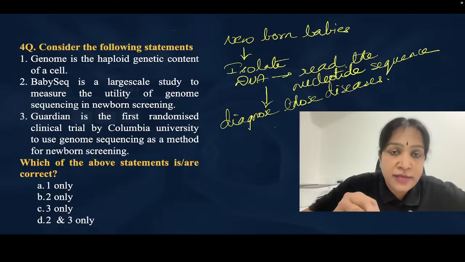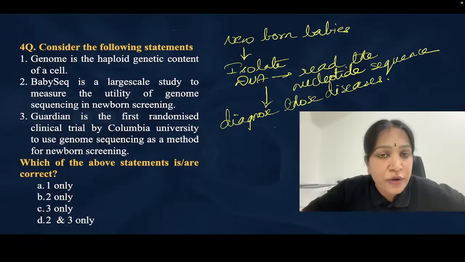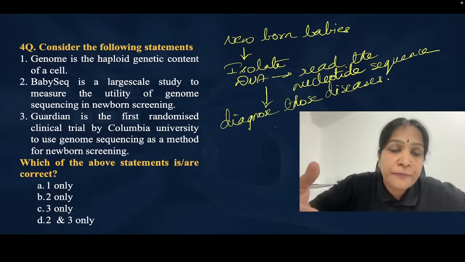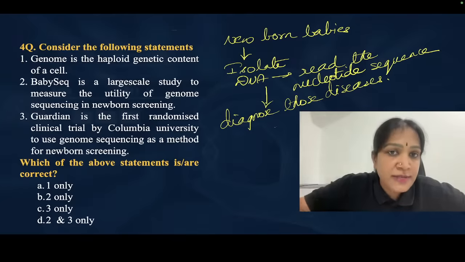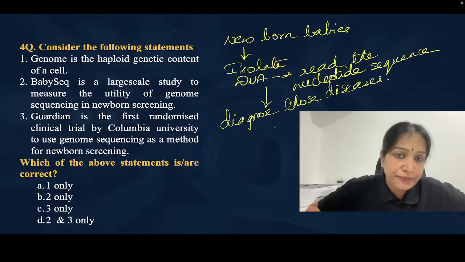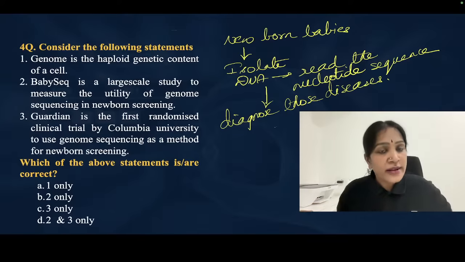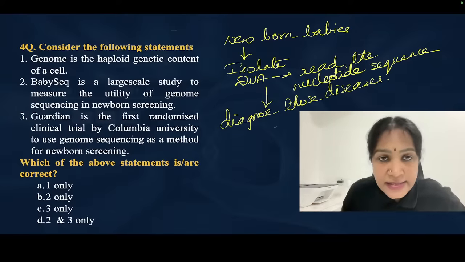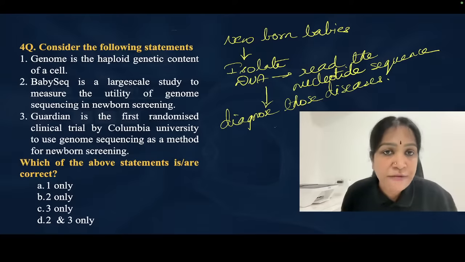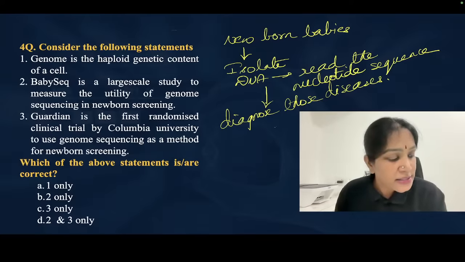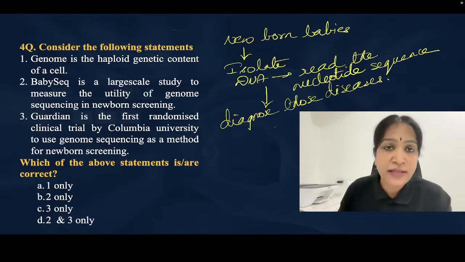Because some diseases will express in the later part of life, when the baby is 20-year-old, 40-year-old, 60-year-old. Is it clear? For example, do you agree that cancer is a hereditary disease? If you have a family history of cancers, there is an increased chance of cancer in that person.